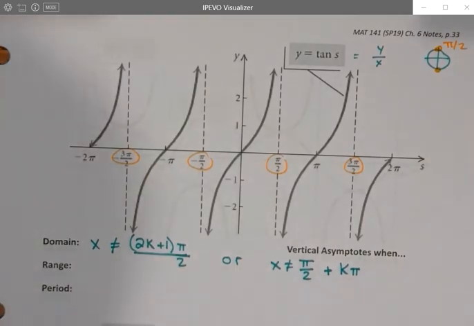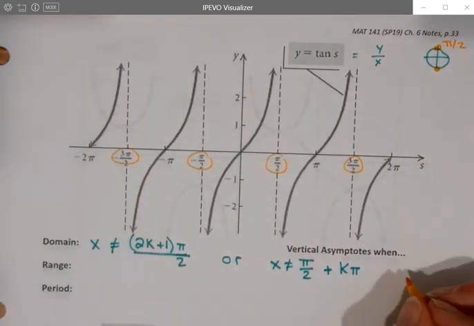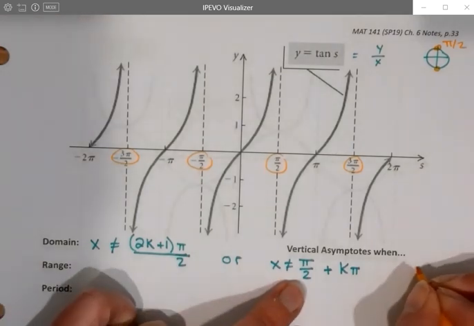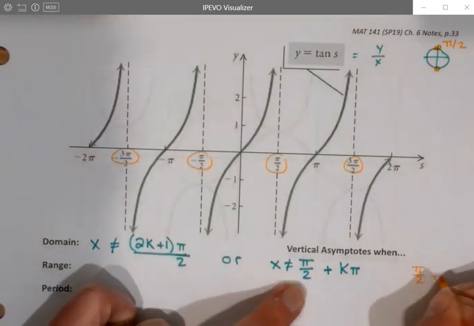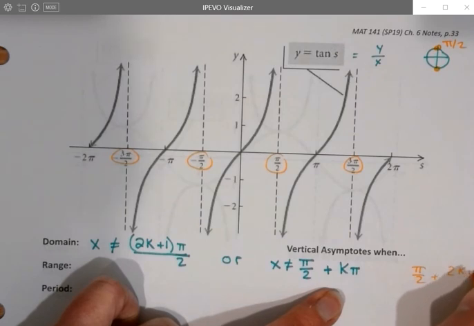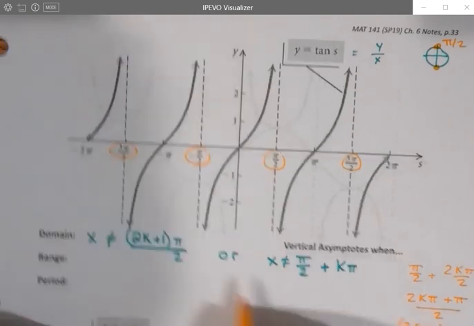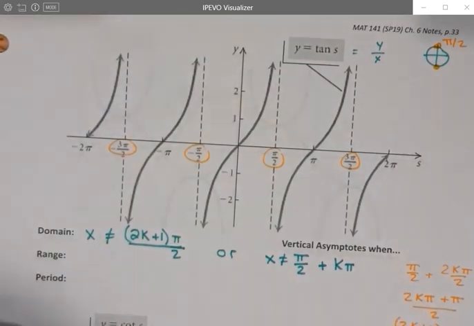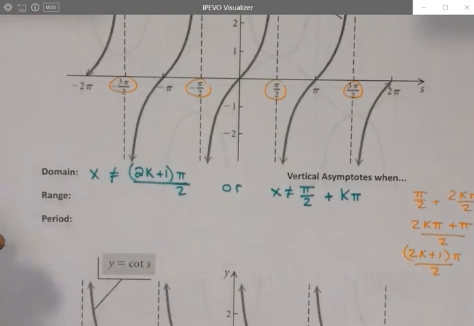It turns out that these two things are the same, because if you get a common denominator, pi halves plus 2k pi over 2 does add back up to 2k pi plus pi over 2, and you can factor the pi out, so that's 2k plus 1 times pi over 2. So those are two different ways of thinking about it, but they are exactly the same.